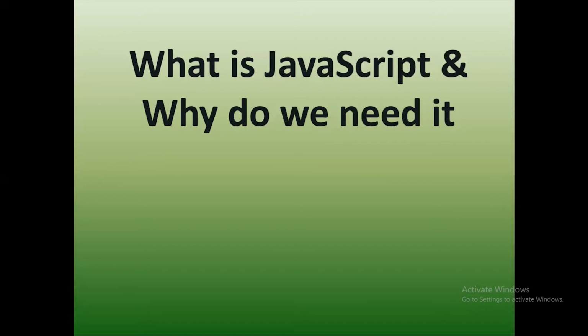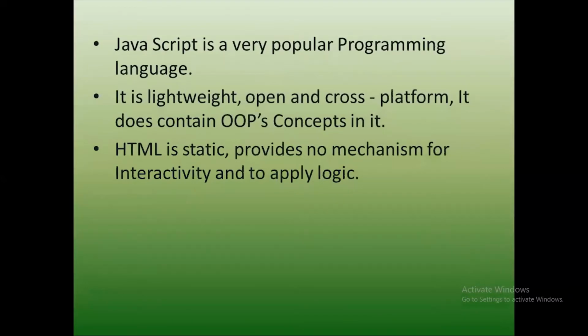When it comes to the standard definition, JavaScript is a programming or a scripting language. Nowadays, it is a very popular and widely used scripting or programming language. Now, what is a programming language? By the name itself, a language is where you have to specify something.